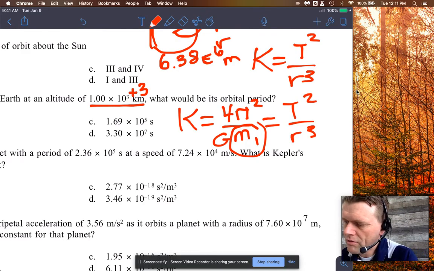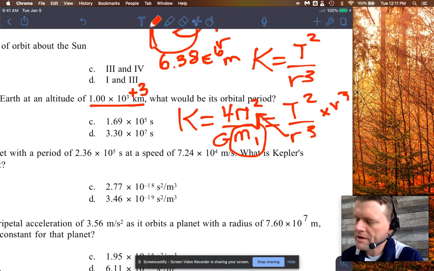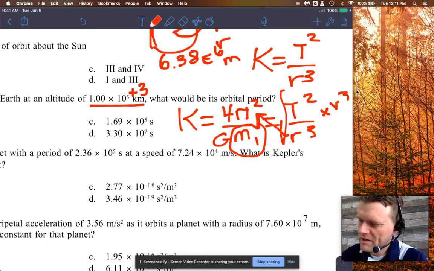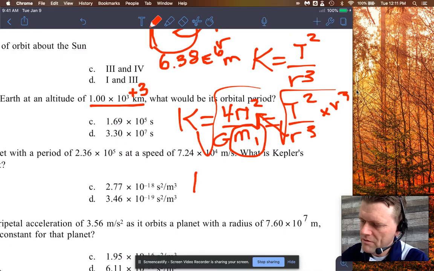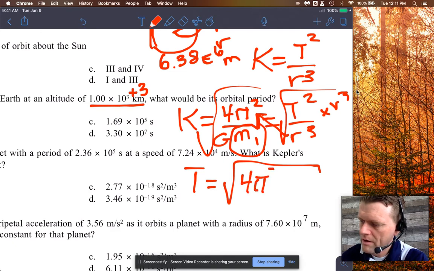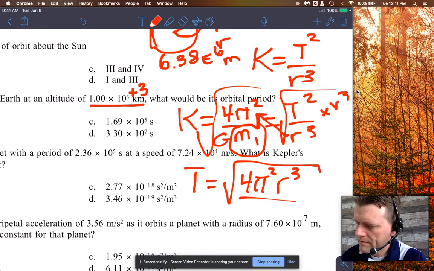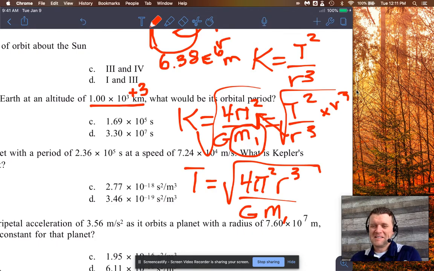If I bring r cubed over here, so I multiply this side by r cubed to get rid of it, and then square root both sides, because I just want T, I get this derivation. So the period T will equal the square root of 4 pi squared r cubed over GM1. That's how you find it.